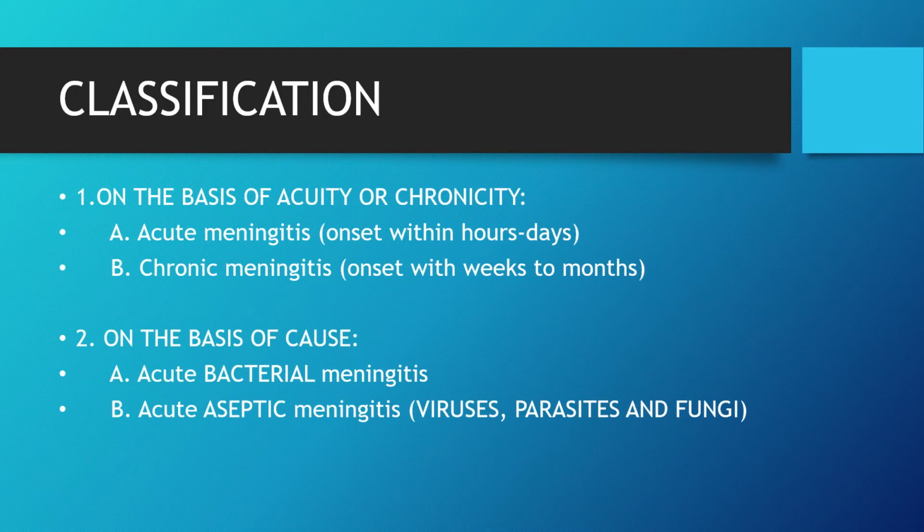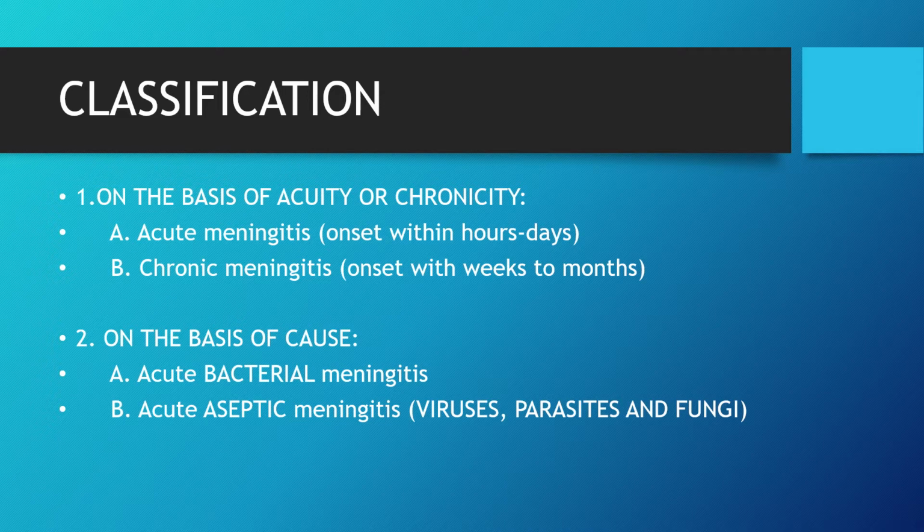Classification. For the sake of simplicity, we can classify meningitis on the basis of acuity or chronicity into acute meningitis and chronic meningitis. Acute meningitis, as the name suggests, is characterized by the development of signs and symptoms within just a few hours to a few days, and is most commonly caused by bacteria and viruses.